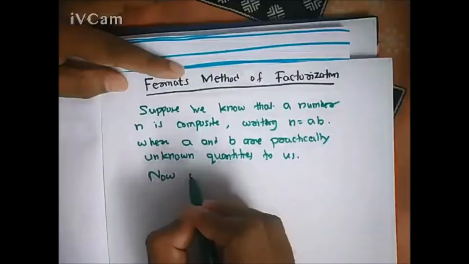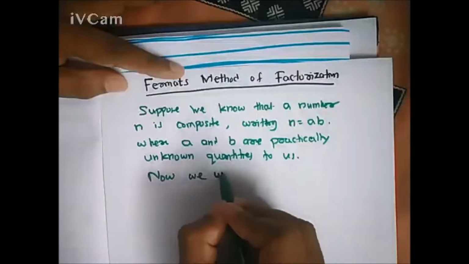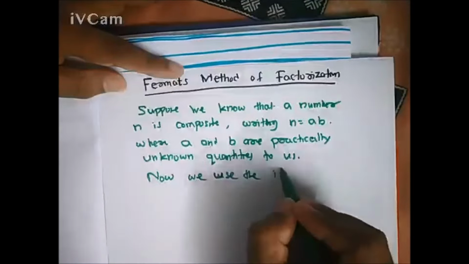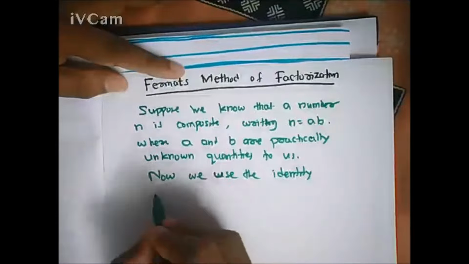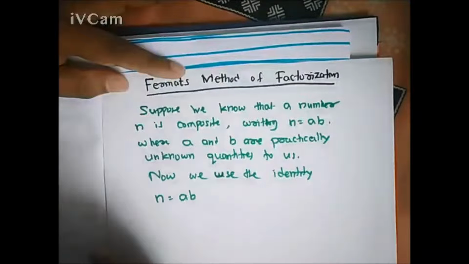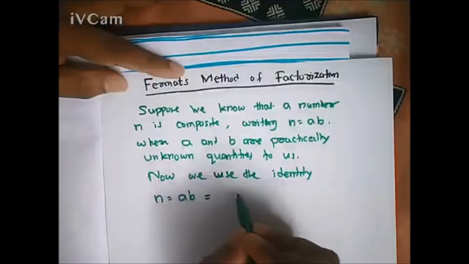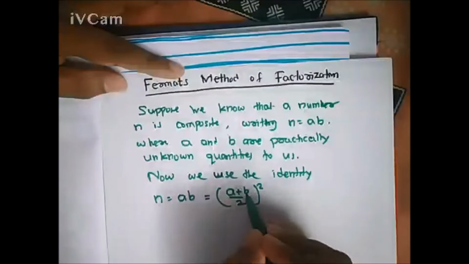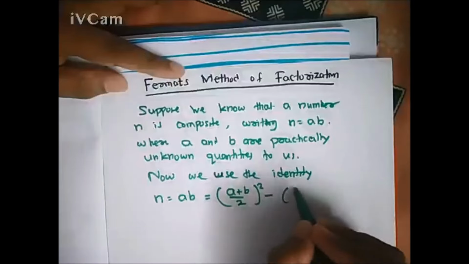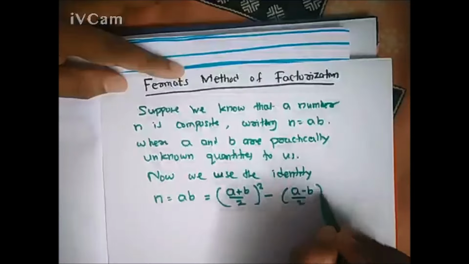Now we use the identity: n equal to ab can be written as ((a plus b) divided by 2) whole square minus ((a minus b) divided by 2) whole square.